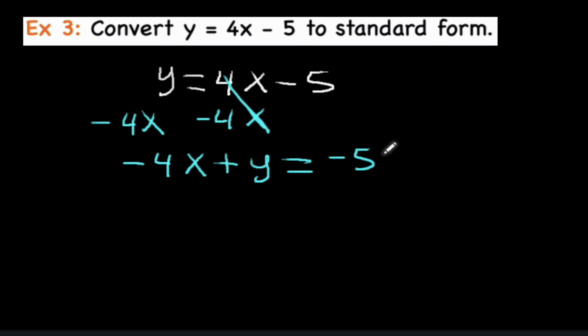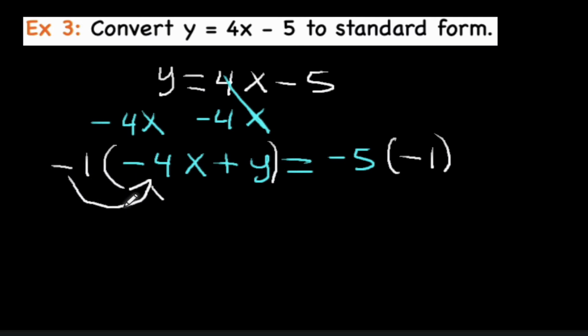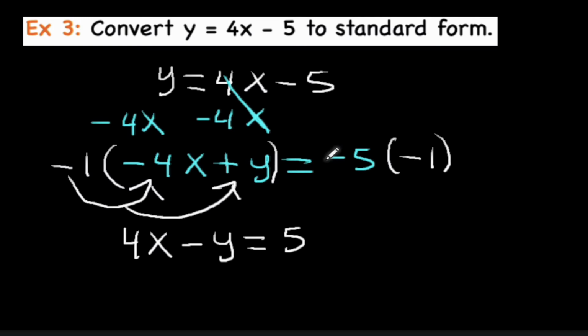Multiply both sides of the equation by negative 1 to get rid of the negative coefficient on x. Distribute the negative 1 to each term within the parentheses, and notice that the signs will change to their opposites. So negative 1 times negative 4 is positive 4x. Negative 1 times positive y is negative y, equals negative 5 times negative 1 is positive 5.